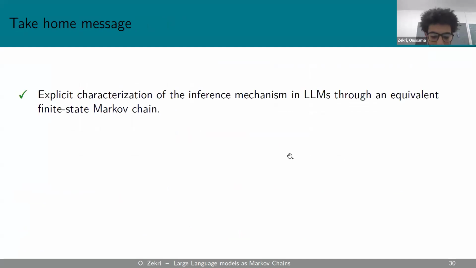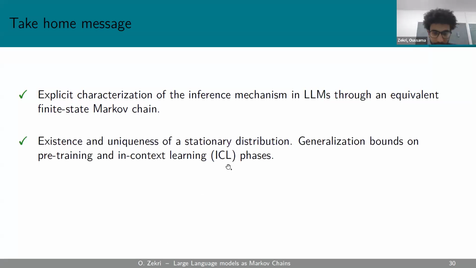I will just do a 3-point recap. The first thing that we have done is give an explicit characterization of the inference mechanism of an LLM by drawing a connection with finite state Markov chains. You can check the paper if you want the really formal definition, but you really can express your LLM as a Markov chain.